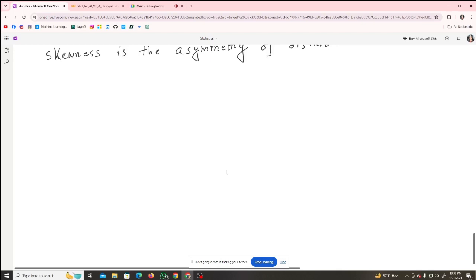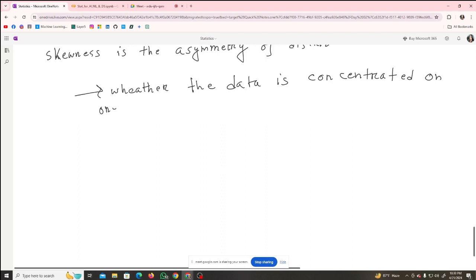I mean, it gives you an idea of where the data is situated. So it gives you the idea whether the data is concentrated on one side, and it also gives you a sort of intuition about where the data is situated.